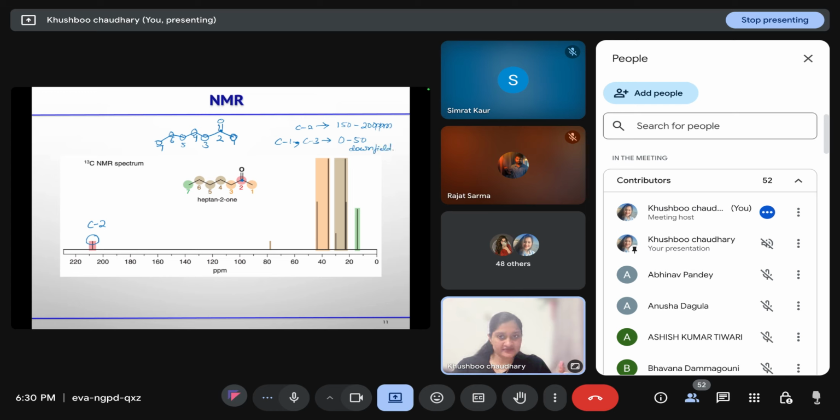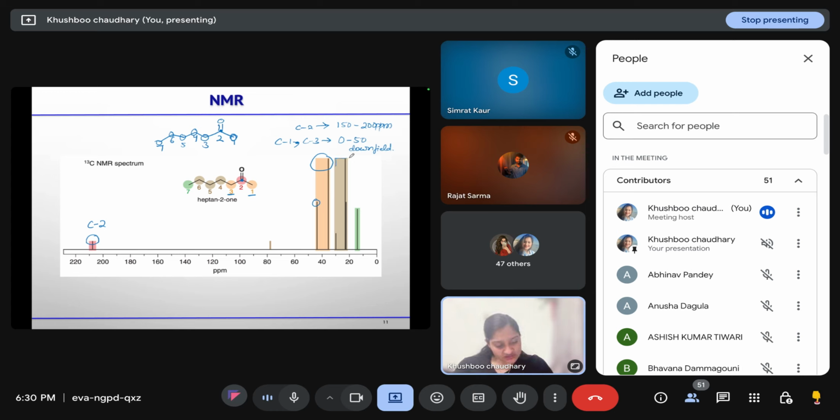Is that fine? So we can say that this region is for carbon 1 and carbon 3, that is downfield as compared to the other 4 carbons.